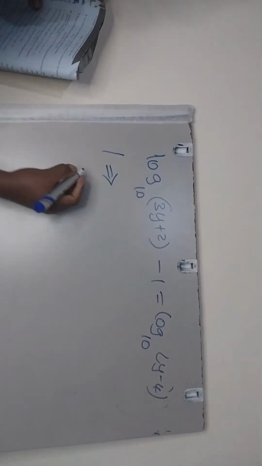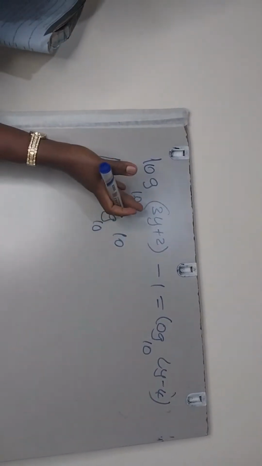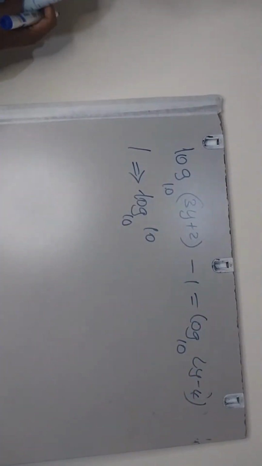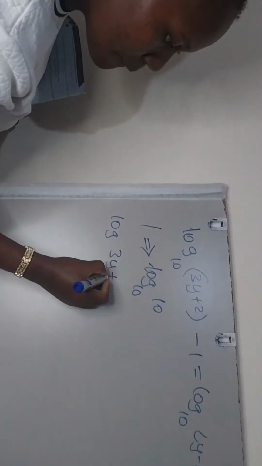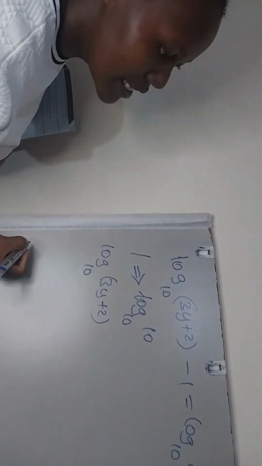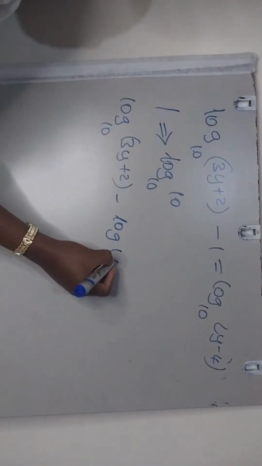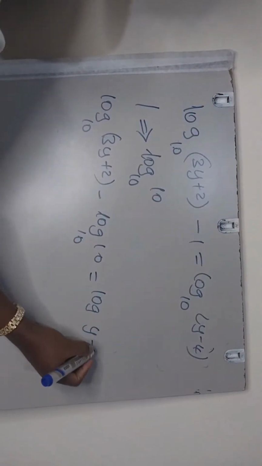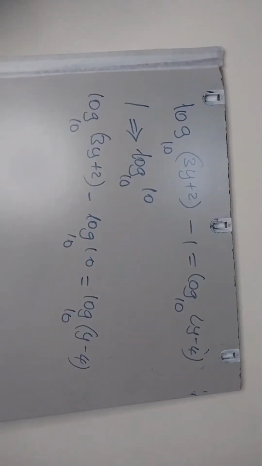As we have said, 1 will always pick the base here. So it will be log 10 to base 10. If it were to base 2, one could be log 2 to base 2. Now this becomes log 3y plus 2 to base 10 minus log 10 to base 10 is equal to log y minus 4 to base 10.